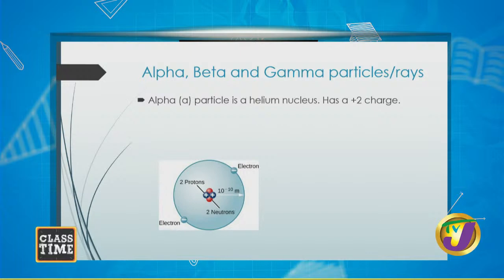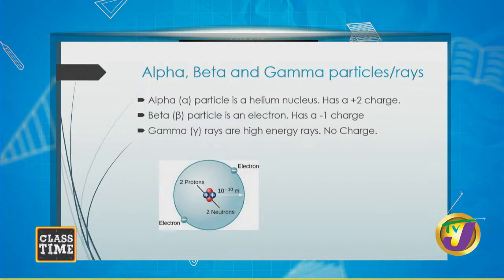And that nucleus would have a 2+ charge. So an alpha particle is basically a helium atom without its electrons, virtually a helium nucleus. A beta particle is virtually an electron, and it has a charge of -1. And gamma rays are high energy radiation, and they bear no charge.